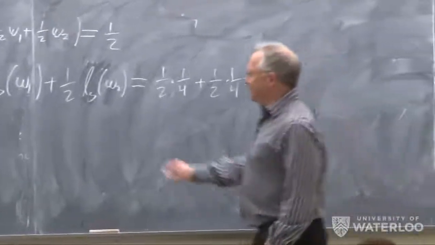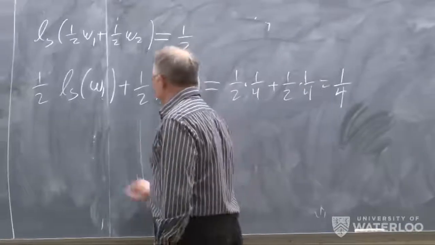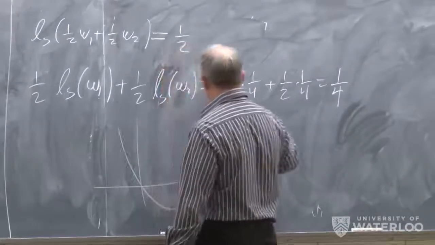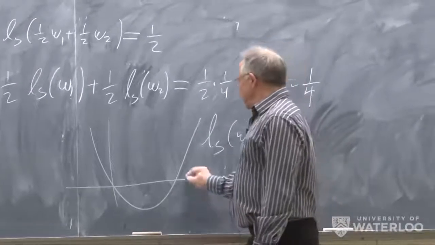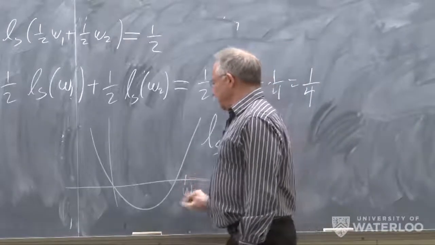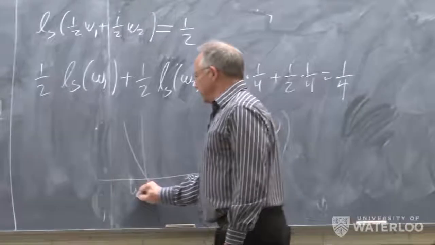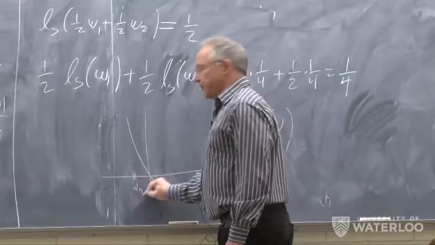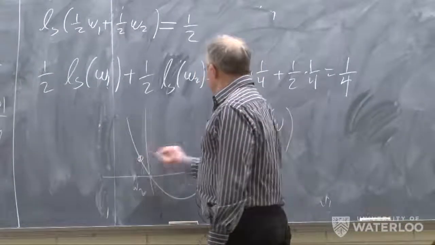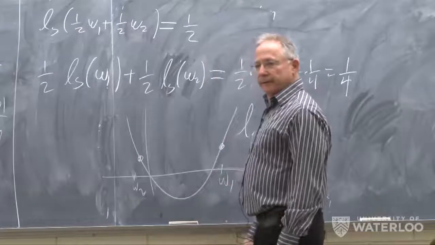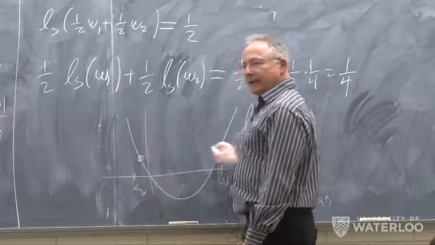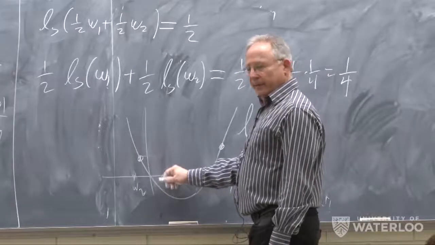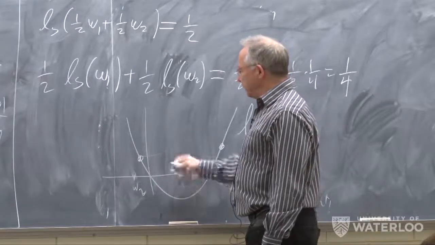So we're looking at the loss. This is the function L_S of w. And I have here W1, I have here W2. Each of them has loss, which is a quarter. But if I look at the loss of the average between them, the loss of the average is a half.